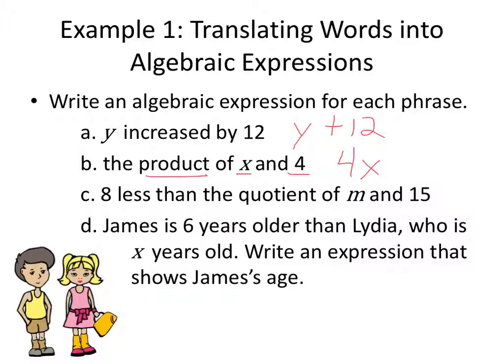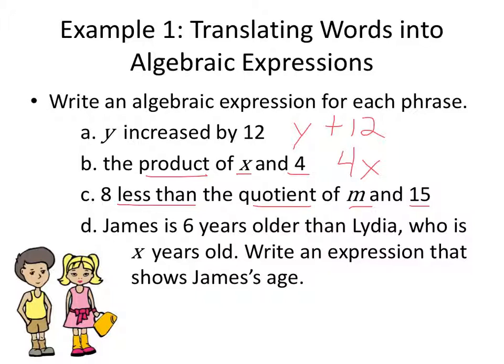With letter C, it says 8 less than the quotient of m and 15. So there's several parts here. Let's first of all think about we have a quotient that indicates division. Well, it's the division of what? Division of two parts. You have m and 15. So it's the quotient of m and 15.